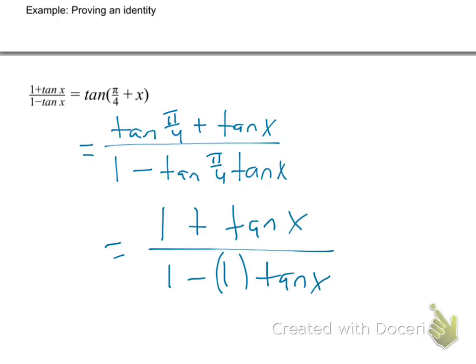And doesn't that 1 times tangent of x equal then the left-hand side over there? So you get 1 plus tangent of x over 1 minus tangent of x. And that equals a check mark.